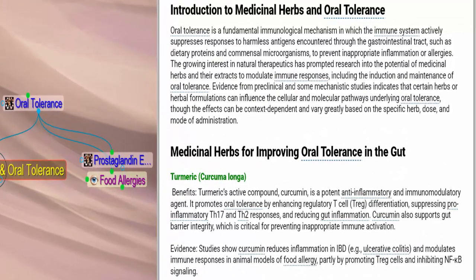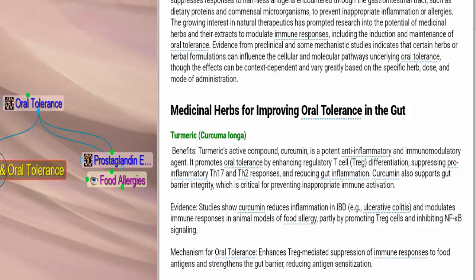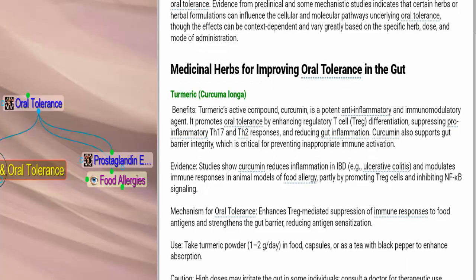There is some evidence from preclinical and some mechanistic studies showing that certain herbs or herbal formulations can influence the cellular and molecular pathways that underlie oral tolerance, though the effects can be context dependent and of course vary on the specific herb, dose, and mode of administration.